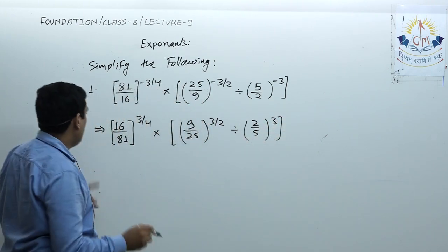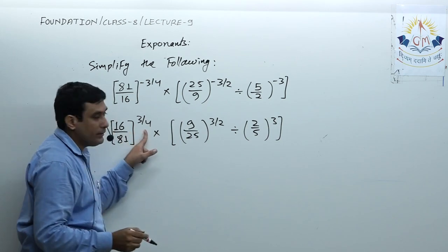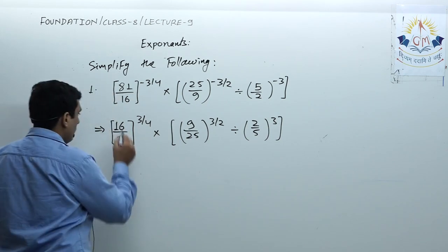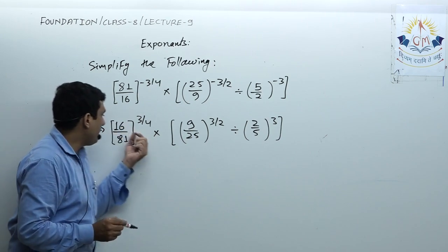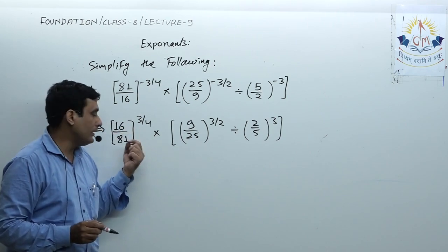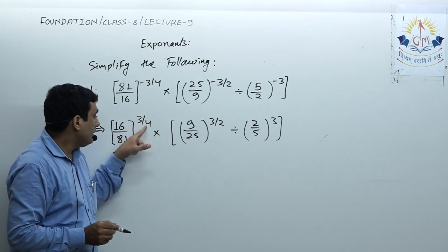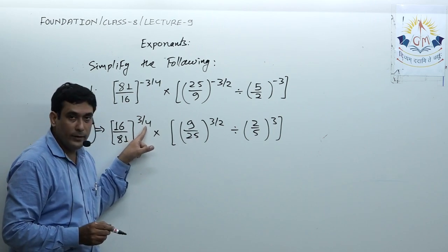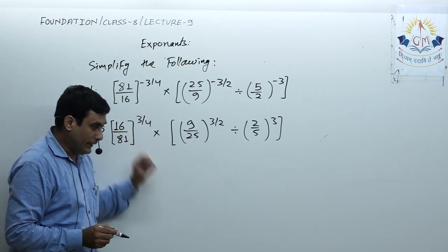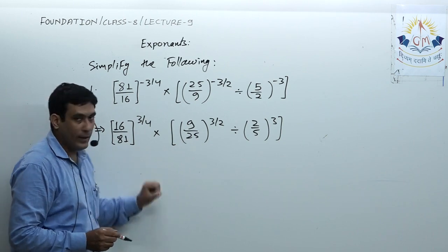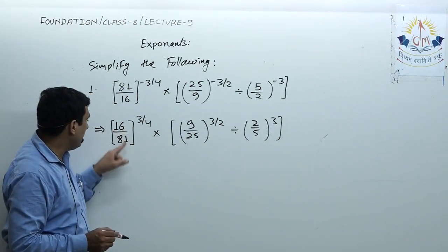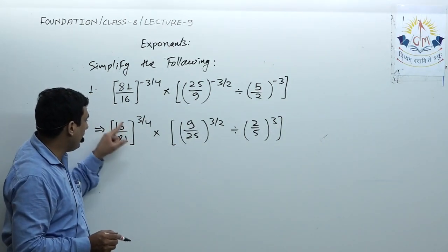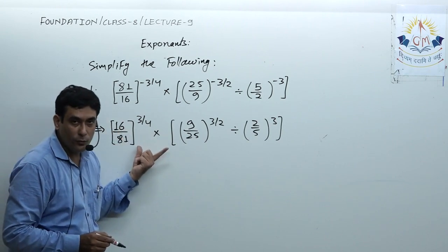Okay, now (16/81)^(3/4). Always keep this in mind: here the denominator of this exponent is 4. It means in 99.99% of cases it is possible to write the base as something raised to 4.